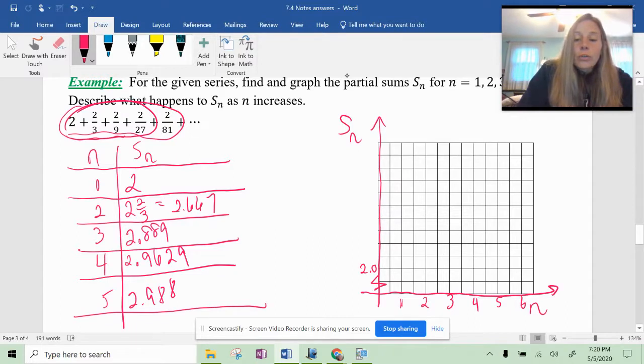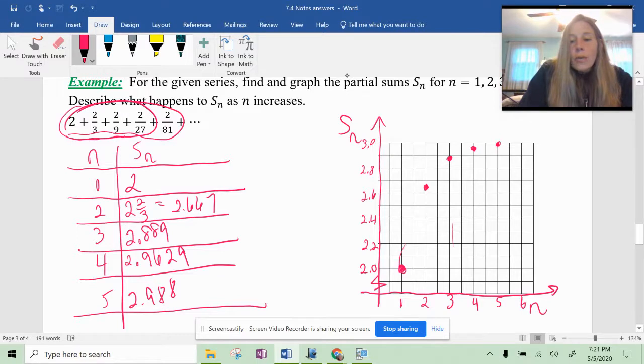Then I'm going to have 2, 2.1, 2.2, 2.3, 2.4, 2.5, 2.6, 2.7, 2.8, 2.9, and that will be 3. So 1 and 2 will be right here. Then 2 and 2.67, maybe right around there. Then 3 and 2.889, 4 and 2.96, and then 5 and 2.98, so that's really close.